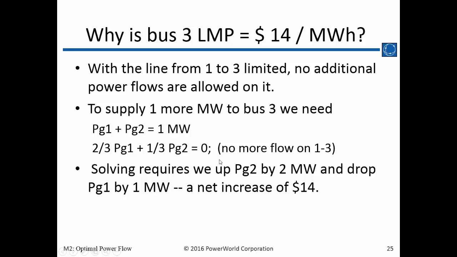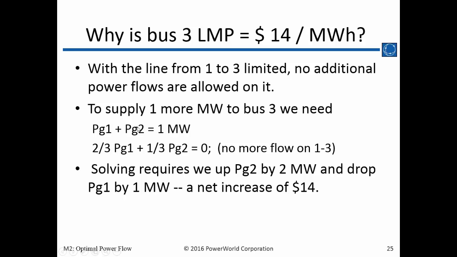And then in order to keep the flow balanced on the line from 1 to 3, looking at the shift factors for those two generators, we get 2/3 of the change in output from generator 1 plus 1/3 of the same from generator 2 has to equal 0.